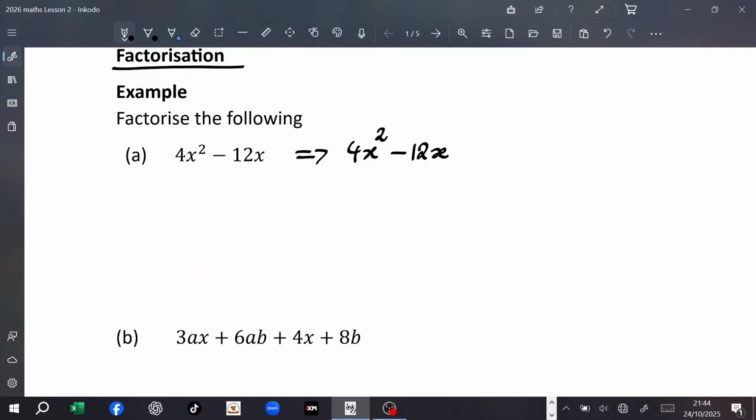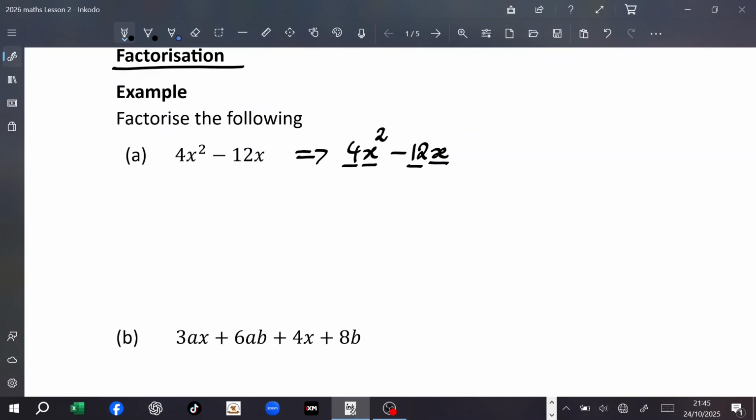We have two terms here, so we need to identify what is common. I can see x is common here and also there. I can also see that 4 can go into itself and also into 12. So 4 also is common.